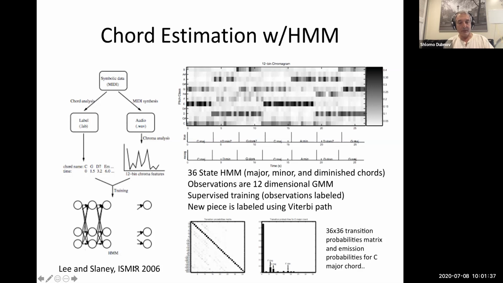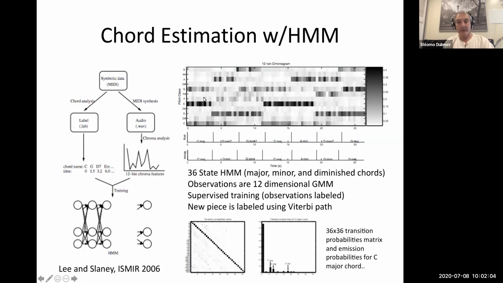I can look up the original paper and make sure that I put it in the repository, just to facilitate finding it. But what this shows you, this is the true and this is the recognition. And we have to define, of course, our state space. So this work estimates only major, minor, and diminished chords.